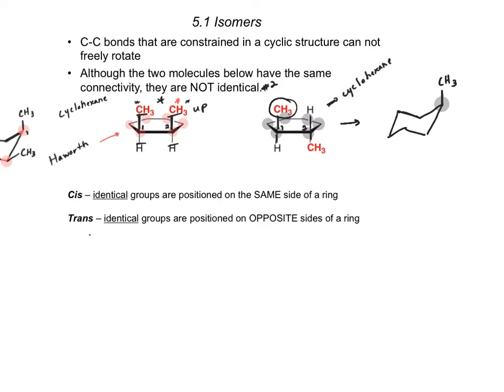Now at carbon 2, which is here, we have methyl going down, right? Is the down position at this carbon axial or equatorial? Axial, right? So we can draw this guy in the down position. So now we've got carbon 1 with our methyl in the axial, pointing up. We've got carbon 2 with our methyl in the other axial, pointing down, okay?